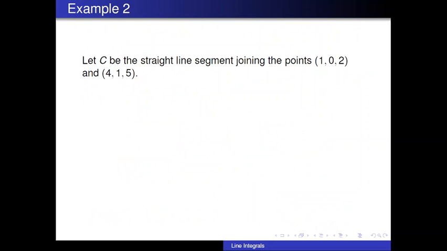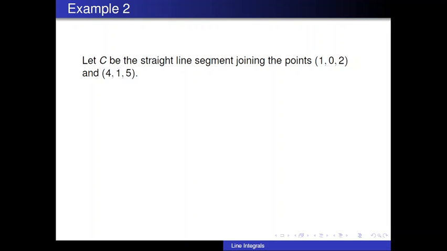So for this example, we will let C be the straight line segment that joins the points (1, 0, 2) and (4, 1, 5). Now, we want to parameterize C. We want a function r of t to give us this curve.